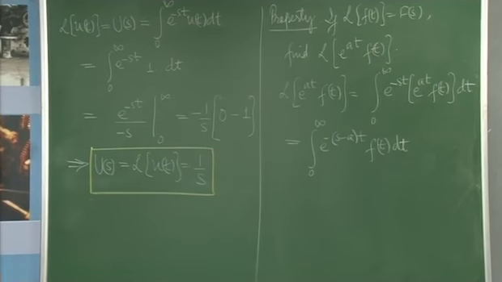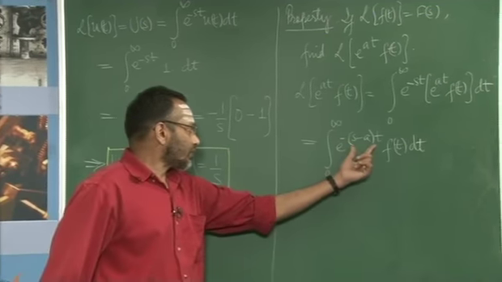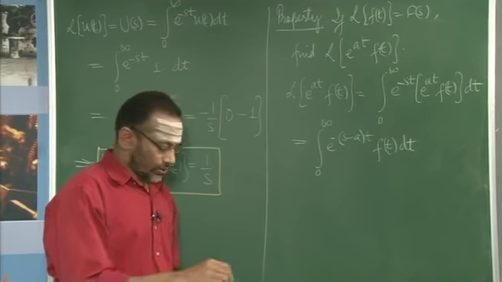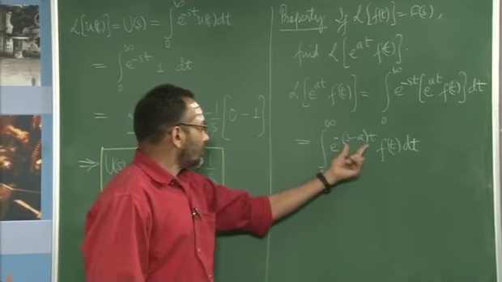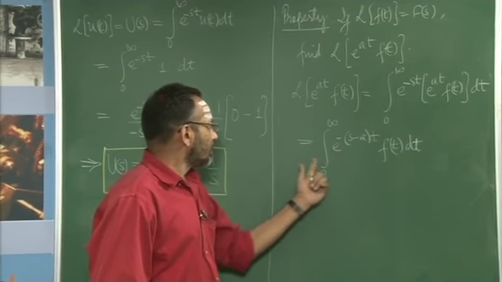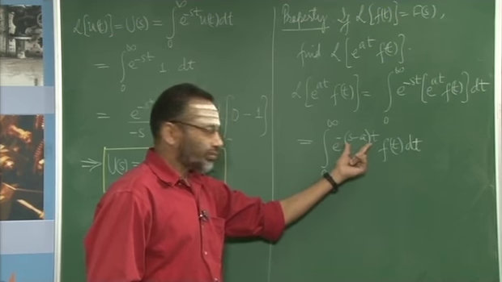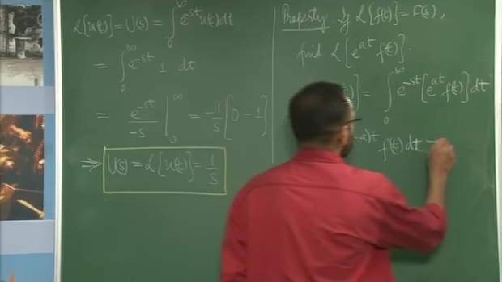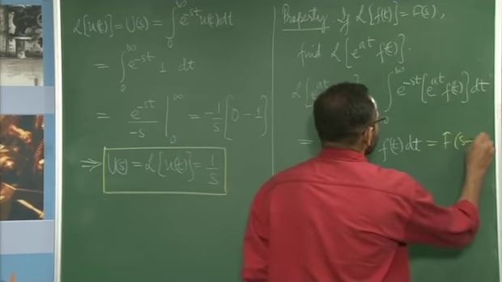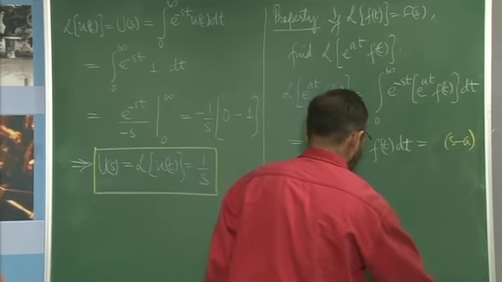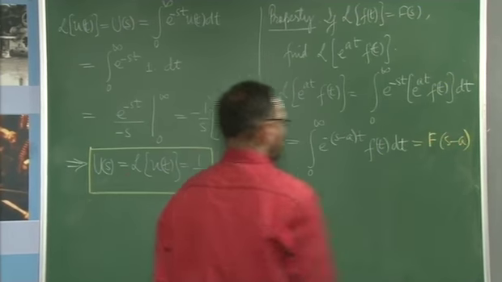Now, we will observe that in our definition of the Laplace transform, we had s here. Now, instead of s, you have s minus a. So, it is straightforward that if this were to be s, the expression here would have been F of s. This is F of s minus a. Therefore, this turns out to be F of s minus a.